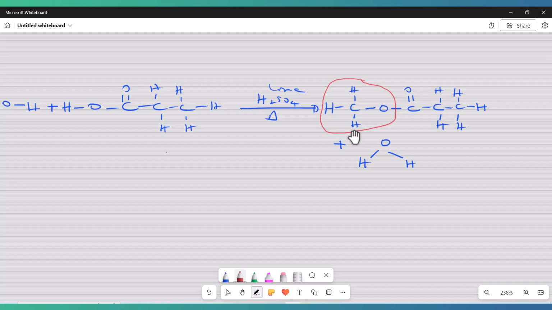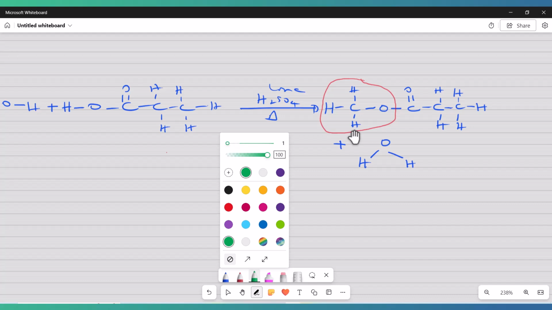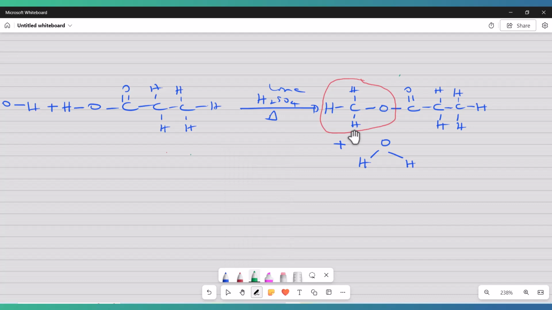Then the last part, which I'm putting now in green, forms propanoate. So the name is going to become methyl propanoate. That is it there. Hope we are together. Let us proceed.